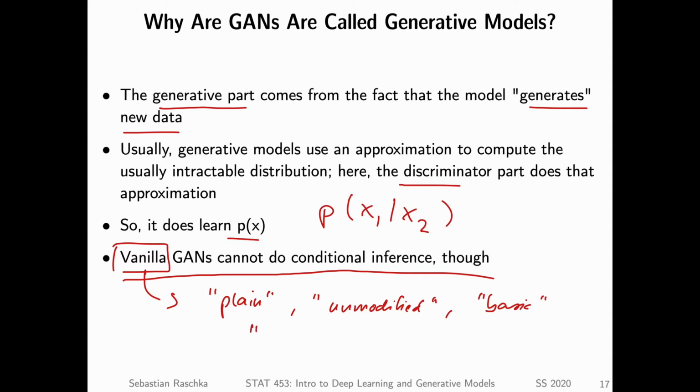Just in case you were wondering what the term vanilla means when I say something like vanilla GANs, because there may be GAN models that can do conditional inference. It's just not the normal version of GANs. But anyway, enough about terminology, because terminology is sometimes just a distraction.